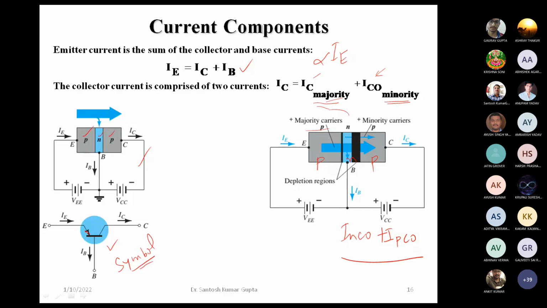The arrow in the base-emitter leg is important here. This is the symbol for a PNP transistor, in which the arrow goes from the emitter into the base.